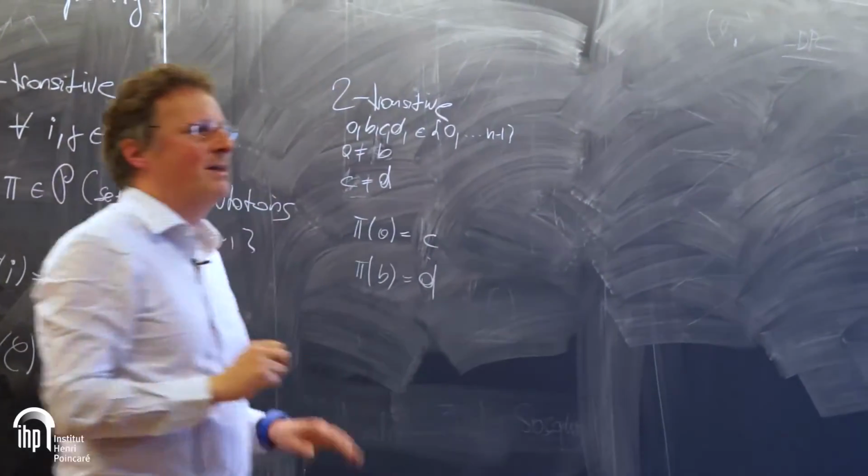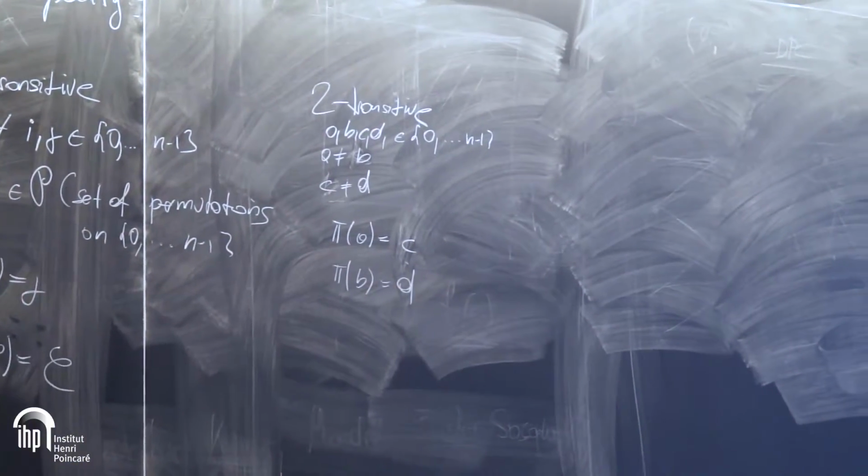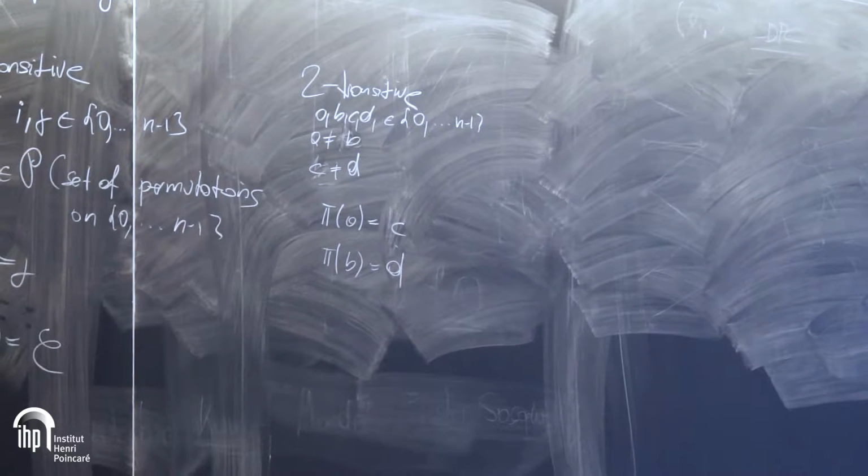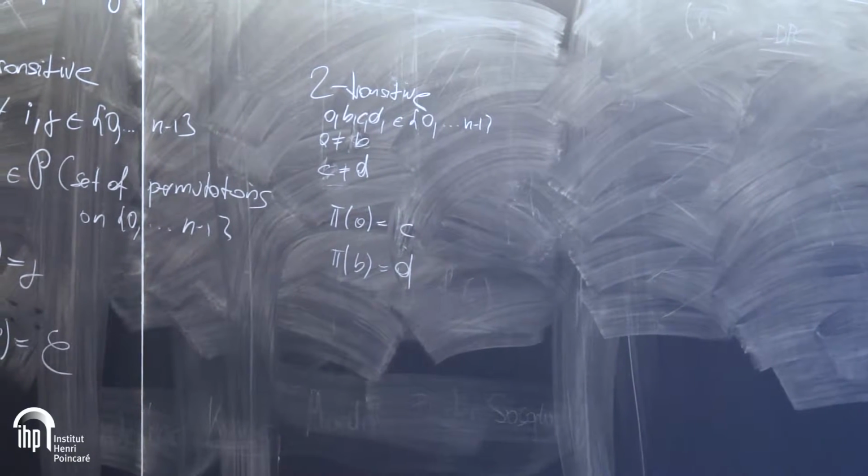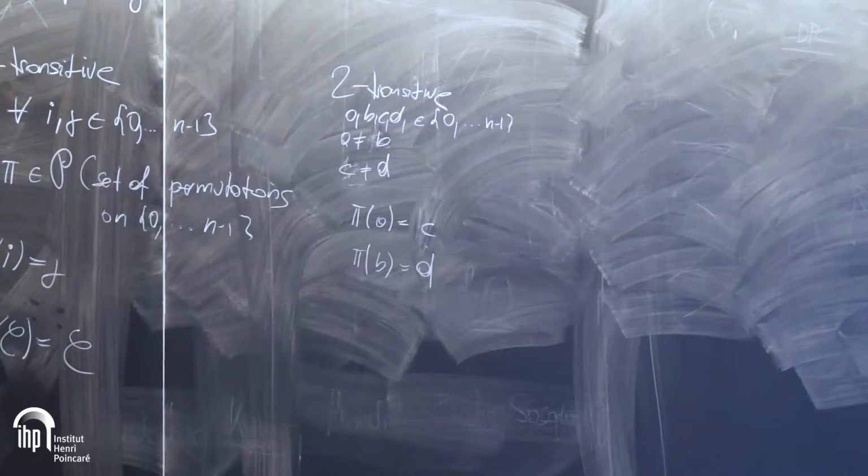These are two conditions that you can actually fulfill. Of course, you cannot map two points to the same point, or the same point to two different points. That's the only restriction.